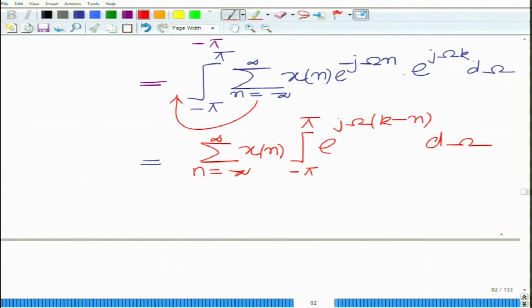And now you can see this is a complex exponential.